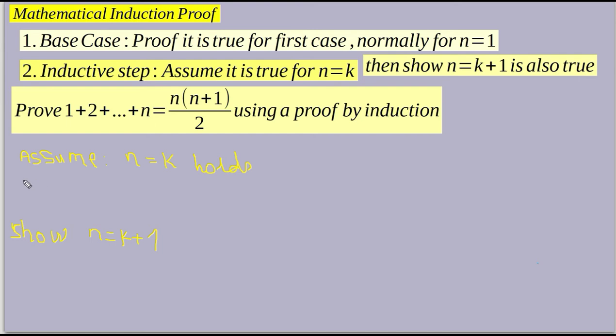So we have 1 plus 2 plus up to k, is equal to k into brackets k plus 1, divided by 2.